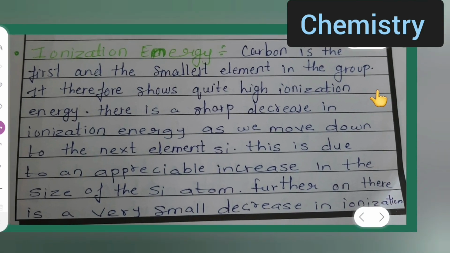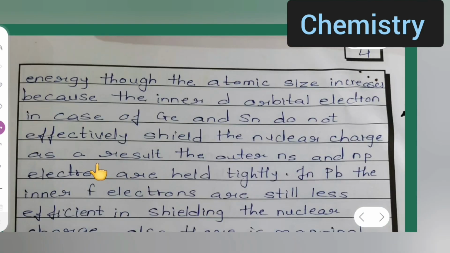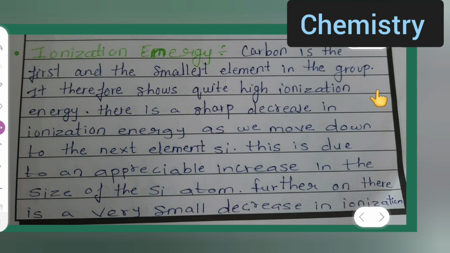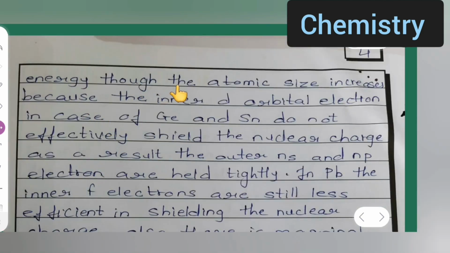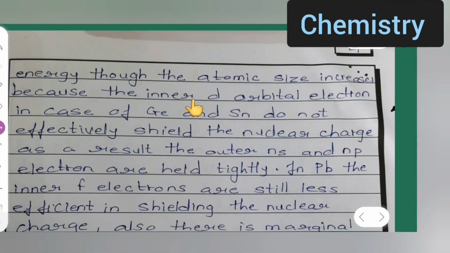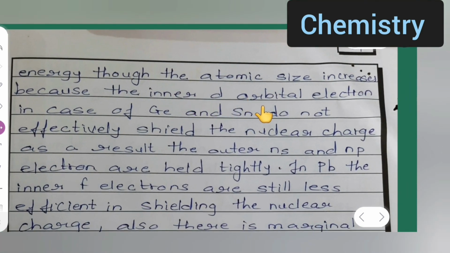Next, moving towards the next part, continuation of this is here. Energy, though the atomic size increases, because the inner d orbital electrons in case of Ge and Sn do not effectively shield the nuclear charge.